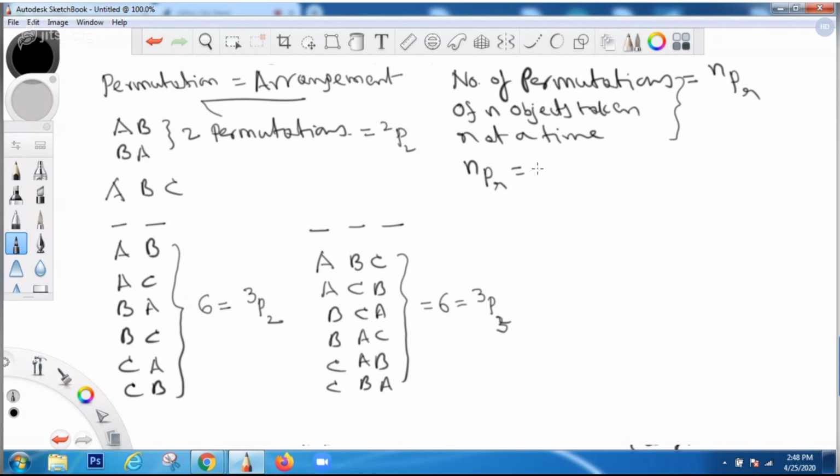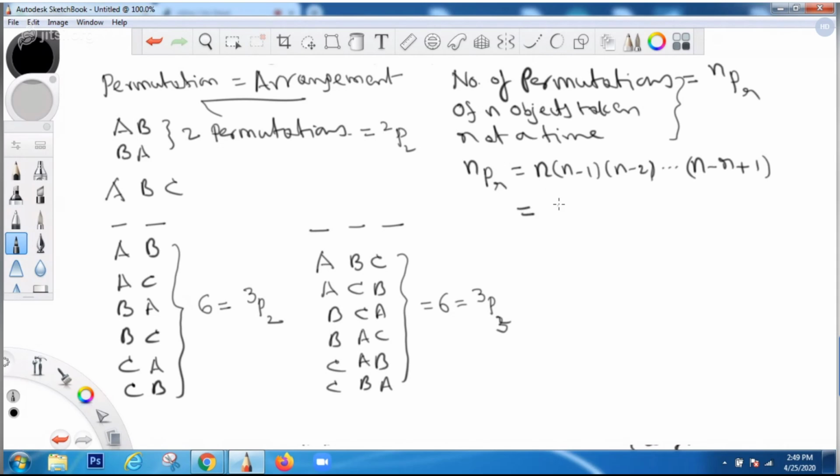And also we have seen that nPr is equal to n into n minus 1 into n minus 2 and so on up to n minus r plus 1. This is a formula you have derived in the previous class.